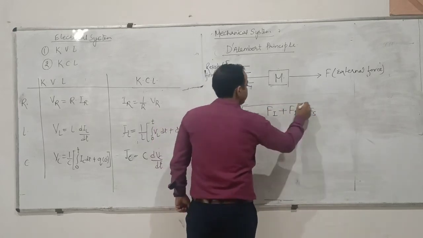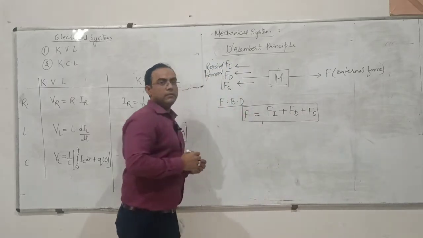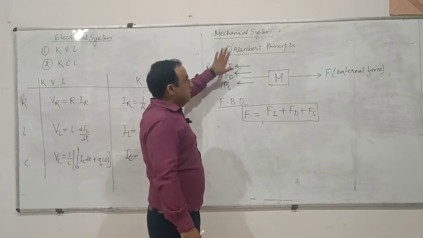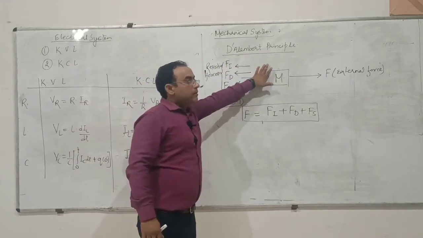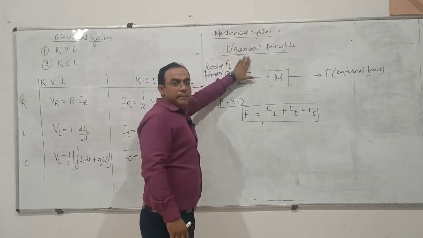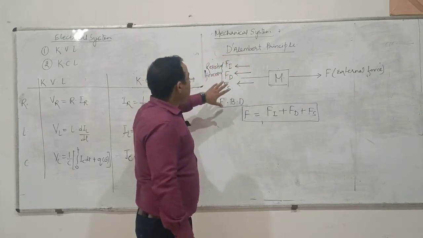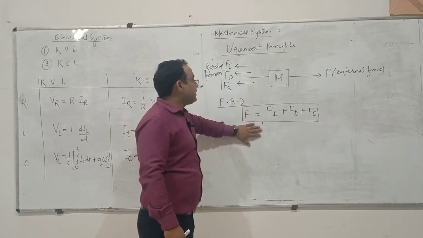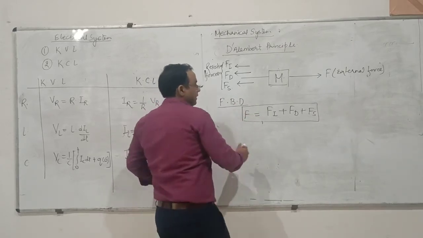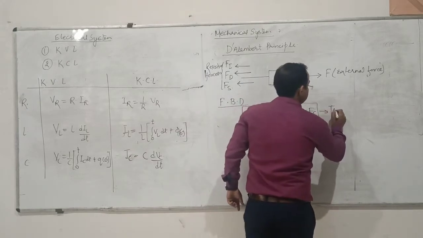So in case of mechanical system, the mechanical system is governed by D'Alembert principle. For the mechanical system, we will be using the D'Alembert principle, and after applying the free body diagram, we can write the equation in the form of forces, for translational system.